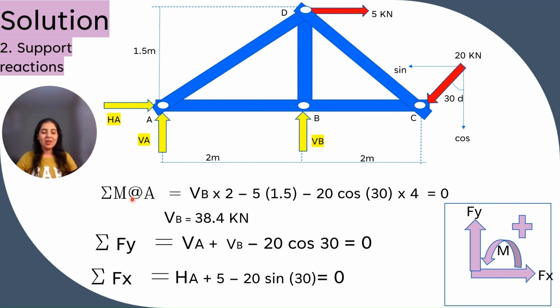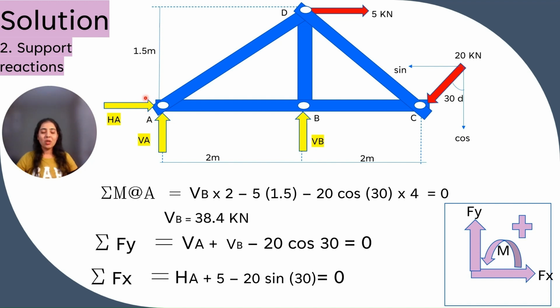So first we will apply the moment equation at support A. Why have I chosen support A? You can see there are two unknowns at support A. If I apply the equation of equilibrium of moment at support A, these two reactions will pass through support A and will produce zero moment.